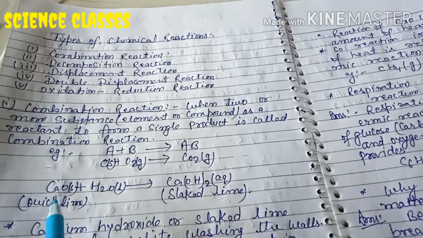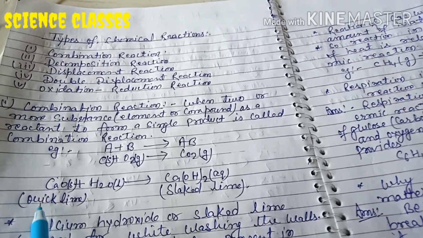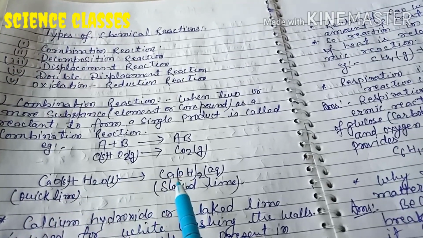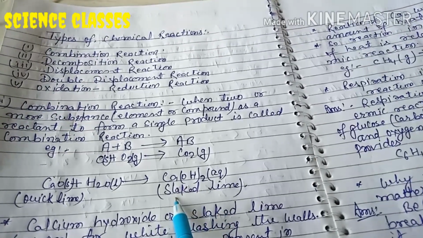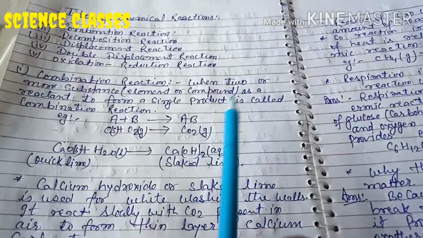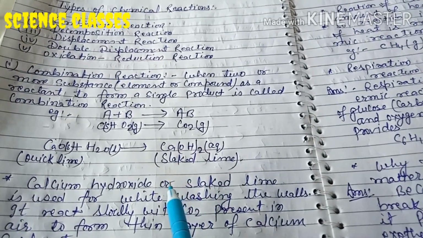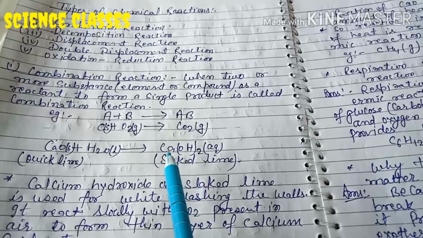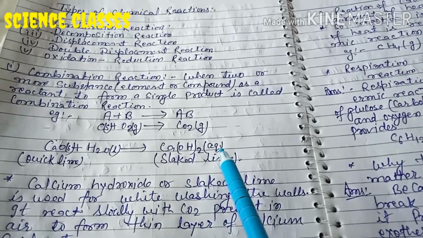Remember that calcium oxide is also called quicklime, and calcium hydroxide is also called slaked lime. This slaked lime is also used for whitewashing the walls.